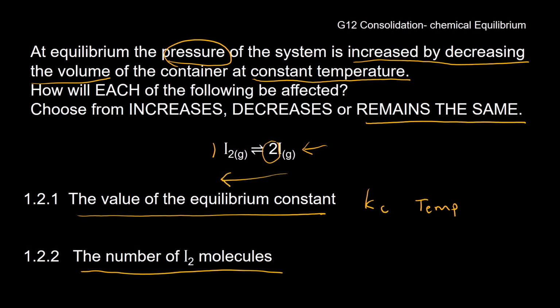And so what is going to happen with the number of iodine molecules? Well, it's going to increase. So the answer for this is increases. So the number of iodine molecules increases. That's quite a lot of thought work, right? Just for one answer. But you need to think through that so that you can get the correct answer, even if it is worth only 2 marks.